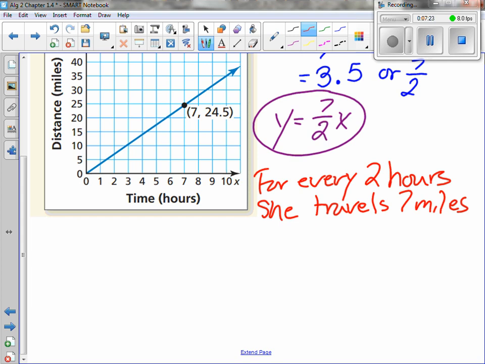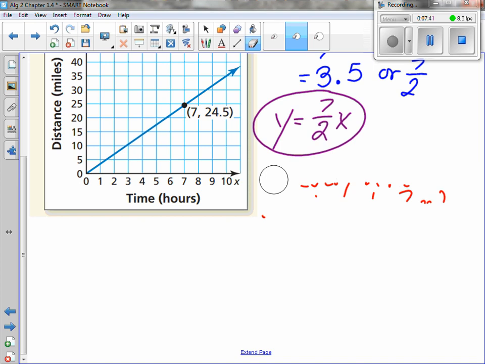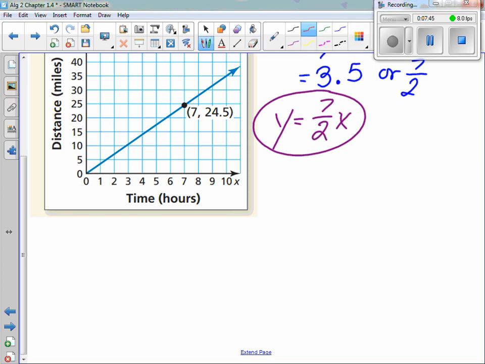Let's see here. For every 2 hours she travels 7 miles. That's still funky. That's still a weird way to phrase it. You don't have to erase it if you don't want. Because again, that is saying what it is, isn't it? It just doesn't sound right.